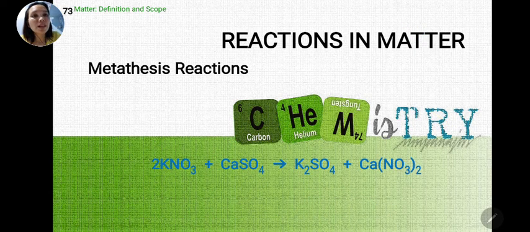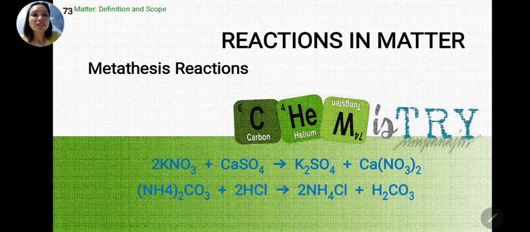So, for this one, ang cation natin is potassium and calcium. So, kung makikita nyo, nagpalitan lang sila. Si calcium napunta kay nitrate at si potassium napunta naman kay sulfate. Okay? Nag-interchange yung mga cations.